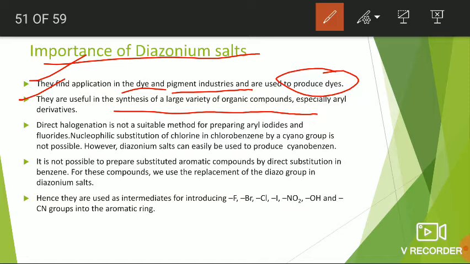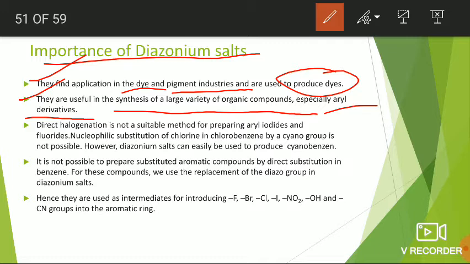Especially we can prepare a large variety of aryl derivatives by using diazonium salts. In organic synthetic chemistry, diazonium salts act as the best intermediate or raw material in order to prepare various compounds.